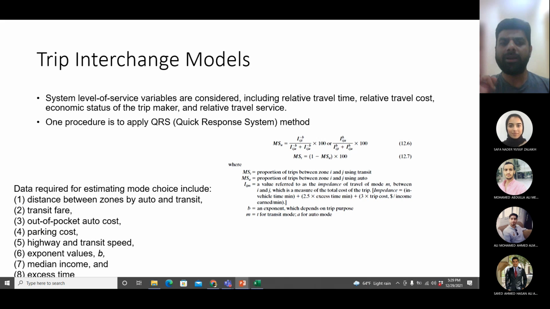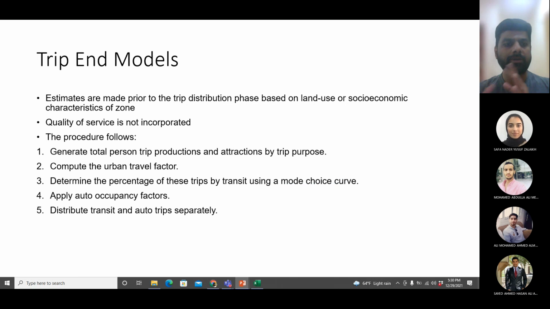So up till now we have discussed 3 methods of mode choice. Before that we completed 1 method of trip distribution. The 3 methods of mode choice were direct trip generation, and the trip end method or trip end model.